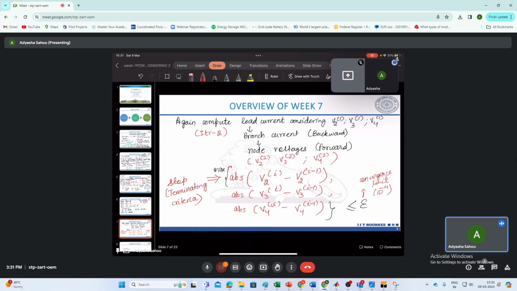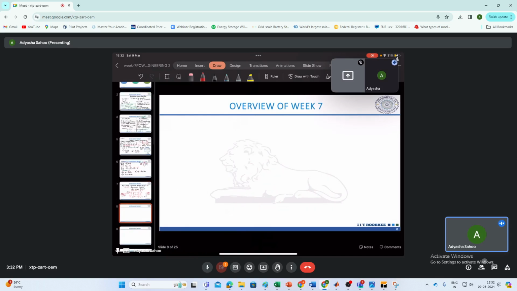Now for method 2. So here all these are complex quantities, right? So you will be getting voltage magnitude and the angle. But mostly in the distribution system, the variation of the voltage angle delta is not significant from the head of the feeder to the tail end.